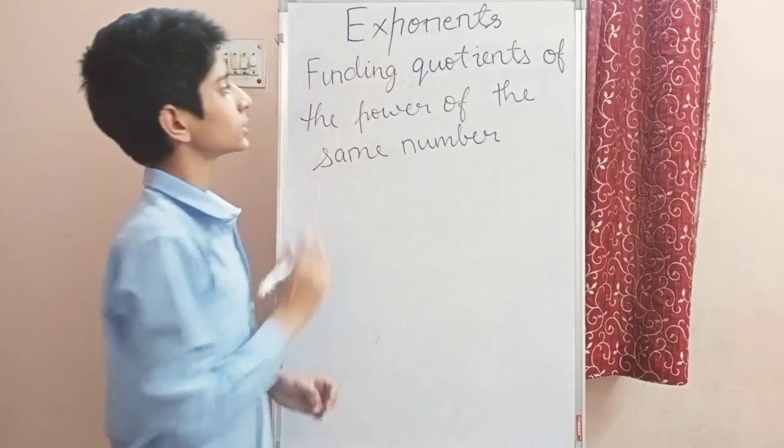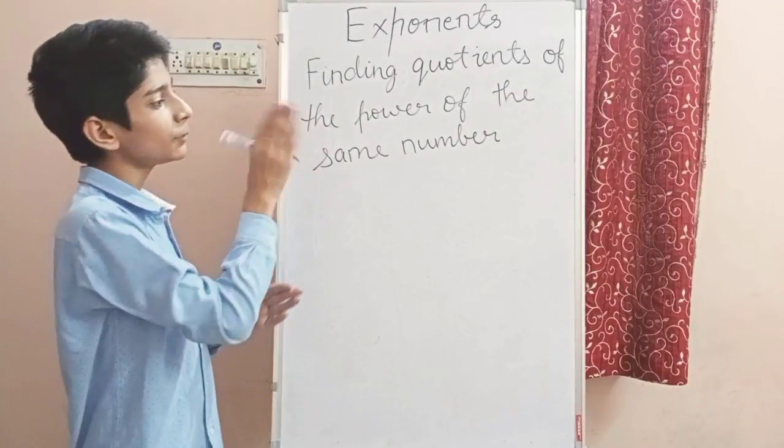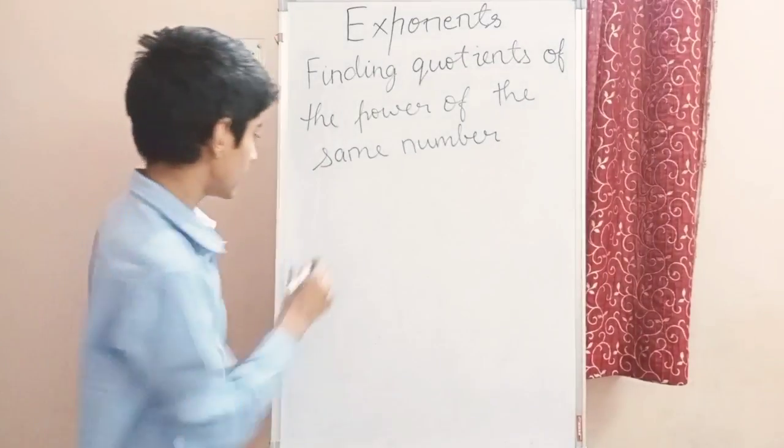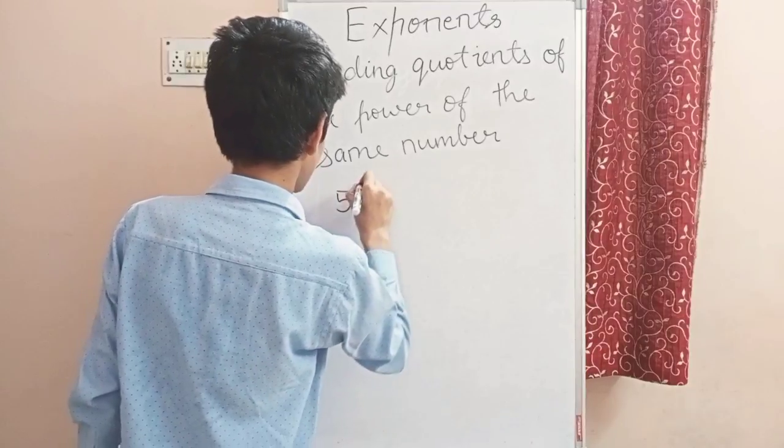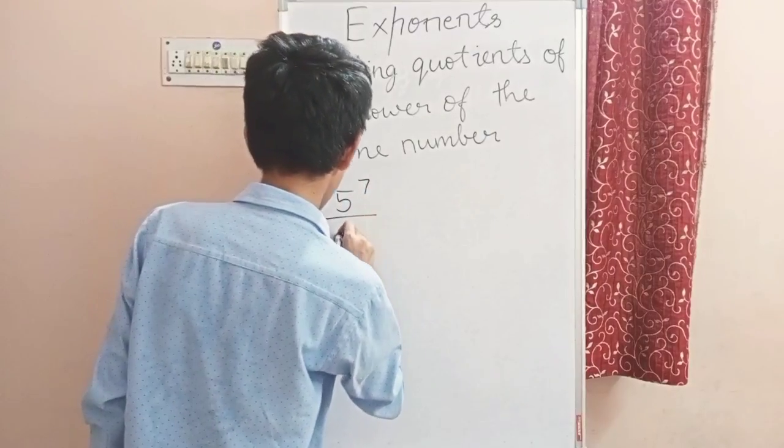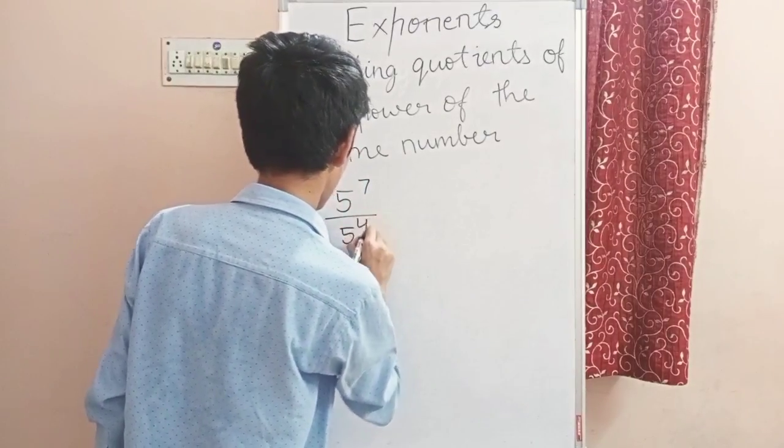So what does the fourth rule say? Finding quotients of the power of the same number. It means 5 raised to the power 7 upon 5 raised to the power 4.